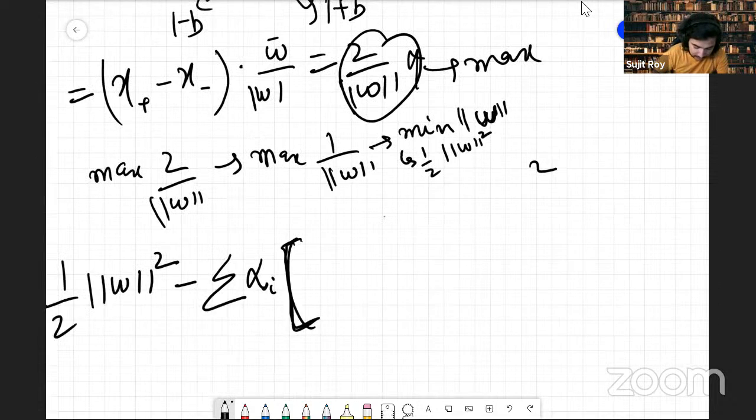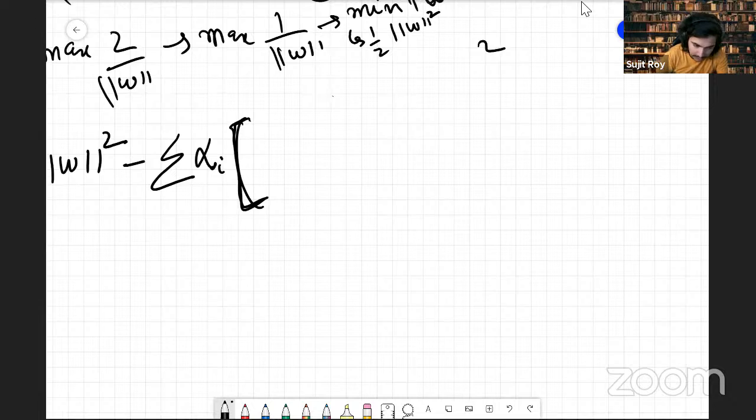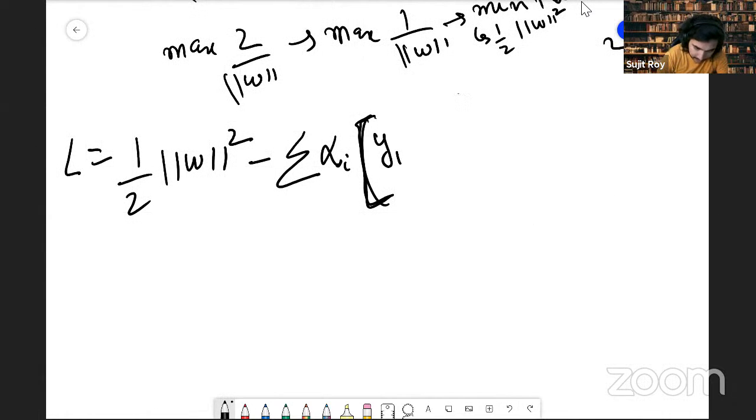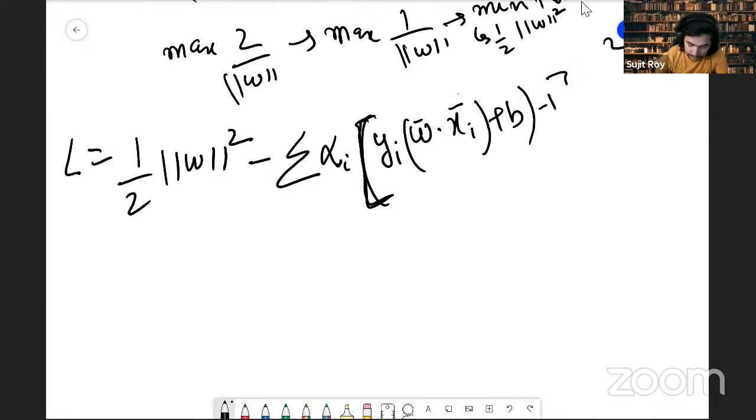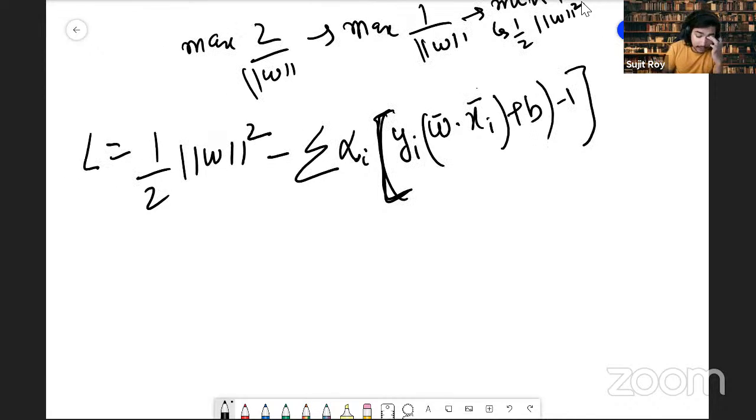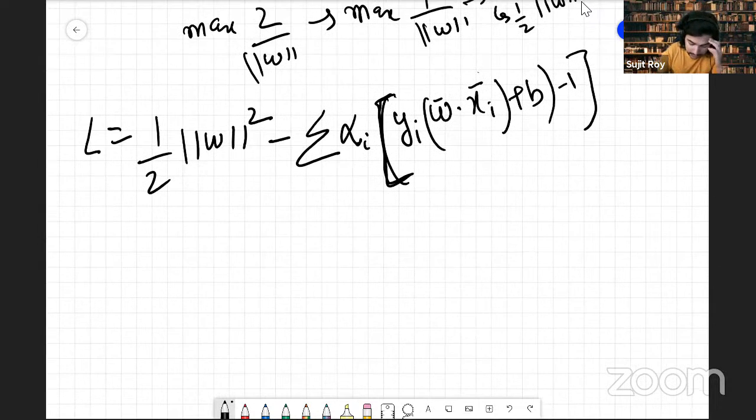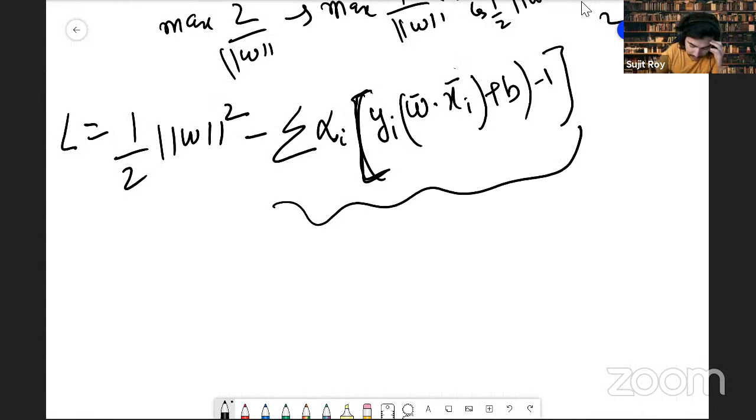I'll put the same equation here in the Lagrange: yi by w vector of x vector plus b, and this is the full term that we are taking minus 1, because it was on the opposite side of the 1, and so that will be it. So this is what we are trying to do here. This will act as our constraint.